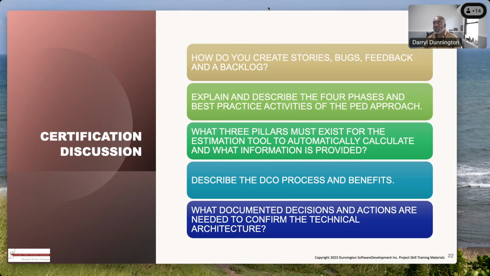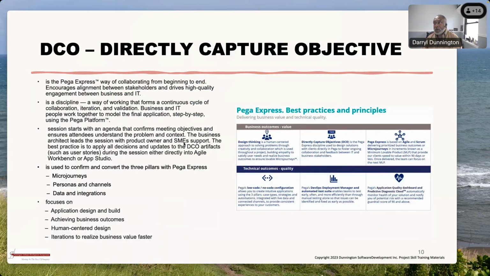Let me bring up the chat. I don't know if people are chatting with me. So let's go back to DCO. Notice that it's also where we look at micro journeys or case types, same thing in general, personas and channels, data and integration.